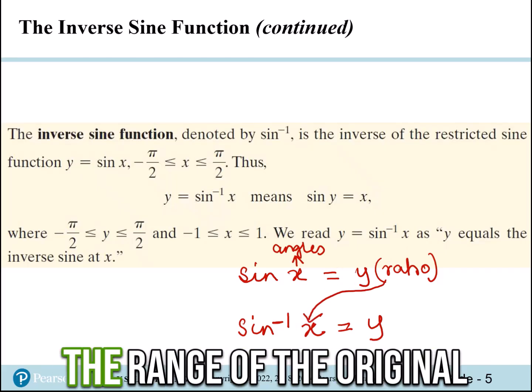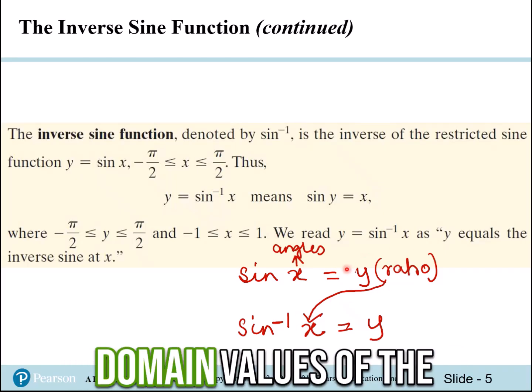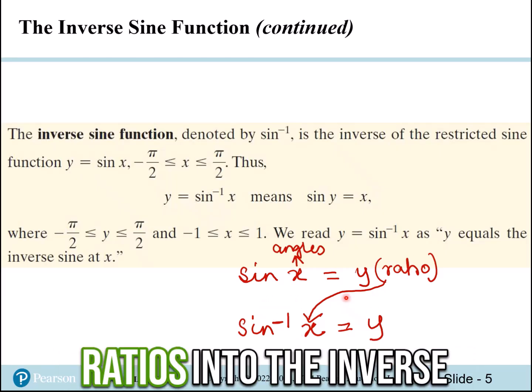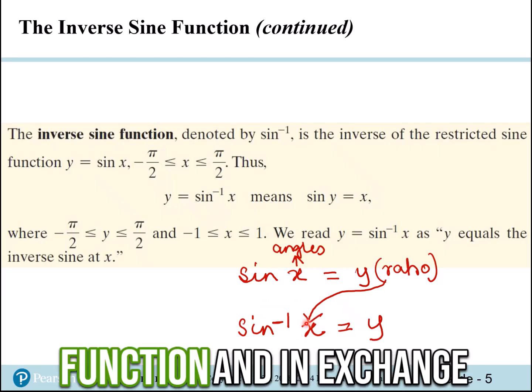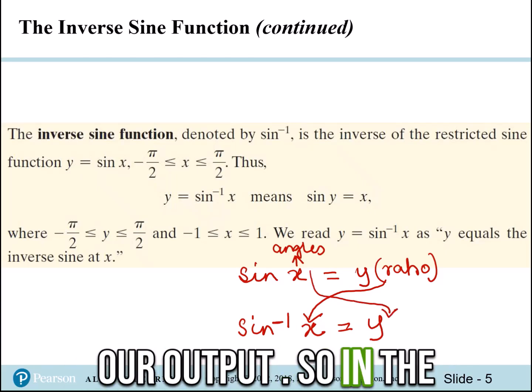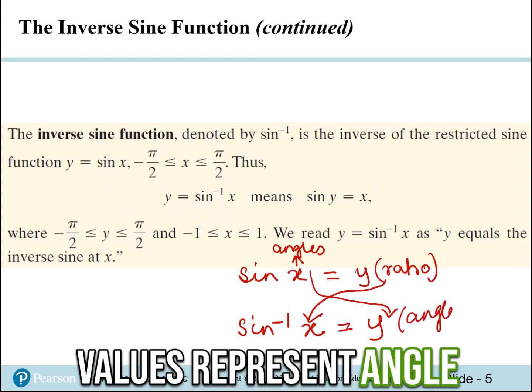In other words, the range of the original function becomes the domain values of the inverse function. We input ratios into the inverse function, and in exchange we get back angles for our output. So in the inverse function, the y values represent angle measures.